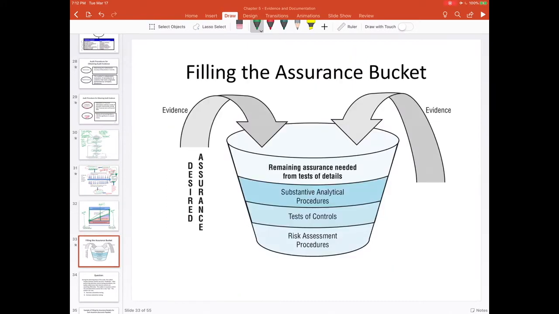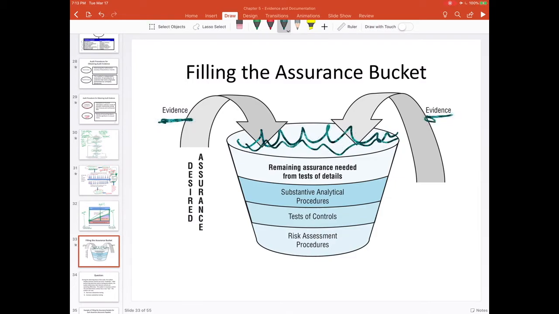Your book illustrates this with this assurance bucket analogy. Many of my students in the past struggle with this bucket analogy. So the idea behind the bucket is by the time I am at the end of my audit, in order to issue my audit opinion, my assurance bucket has to be full of water, aka audit evidence.